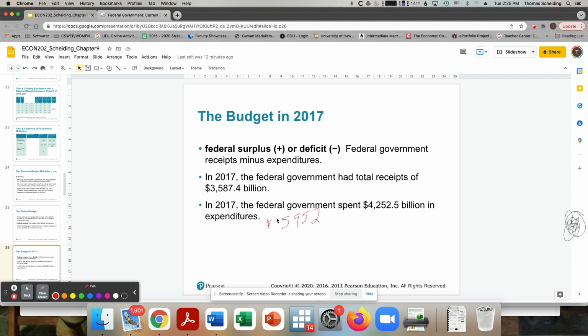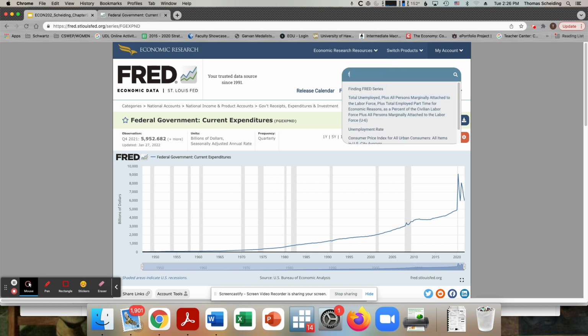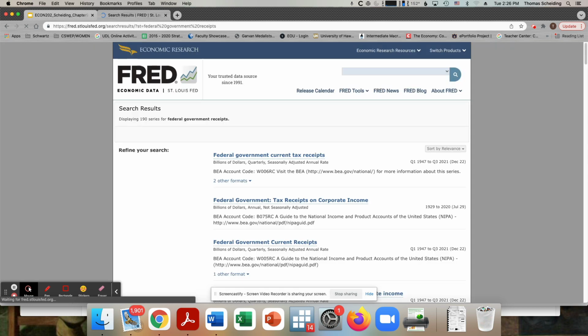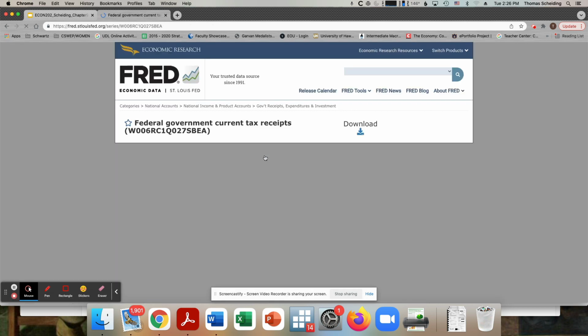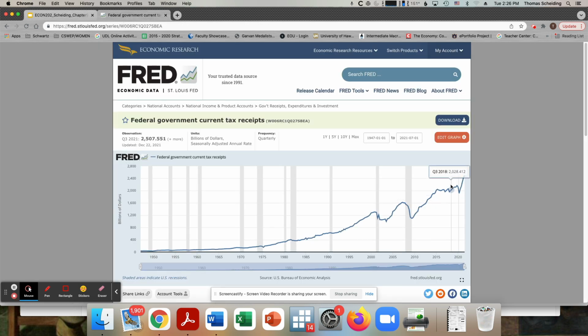I saw here the data was old. I know that there's a resource, the Federal Reserve Economic Database, that I can go to update that data. And I can see here it's 59.52 billion. Now let's get the receipts. So I'm just typing in federal government receipts. Let's just test the data to make sure we're using the same numbers. 3587.